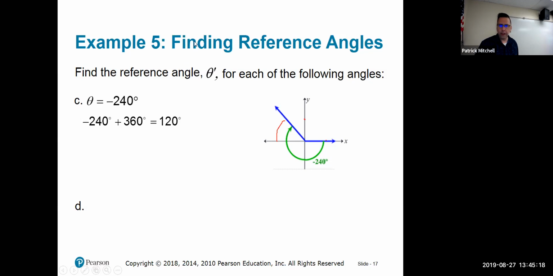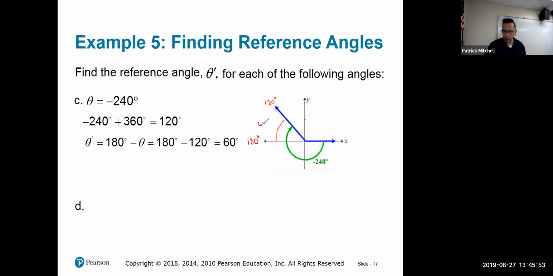It'll be easier if we call it by that name. So it's going to be the difference between 180 degrees and that angle, and the difference between quadrant 3 and quadrant 2 is that in quadrant 2 you put the 180 degrees first because that's the bigger angle. So this reference angle would be 60 degrees.